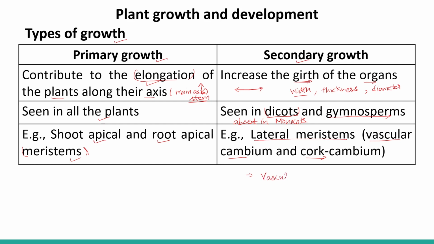So, vascular cambium is a type of secondary meristem. Or you can say lateral meristem is also known as secondary meristem.